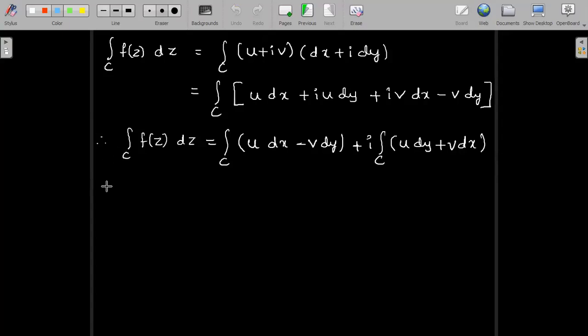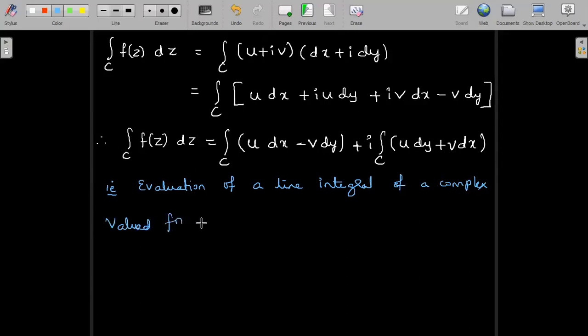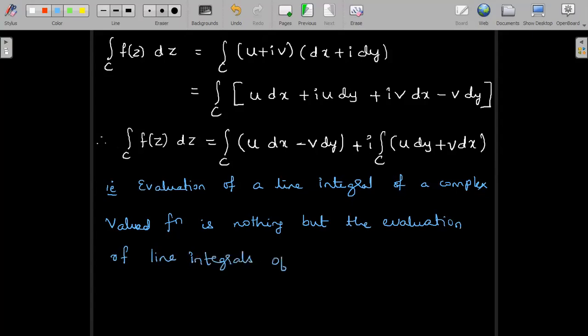So we conclude that the evaluation of a line integral of a complex valued function is nothing but the evaluation of line integrals of real valued functions, since the imaginary unit i is written outside.